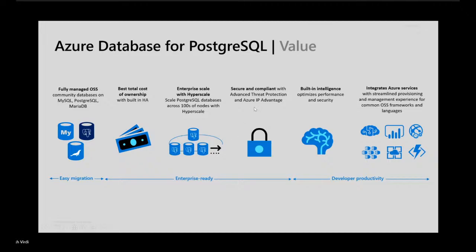Apart from that, Azure intrinsically offers many values, like it is the most secure and the most compliant public cloud in the world, right? Apart from that, PostgreSQL itself will give you some built-in performance tuning capability.